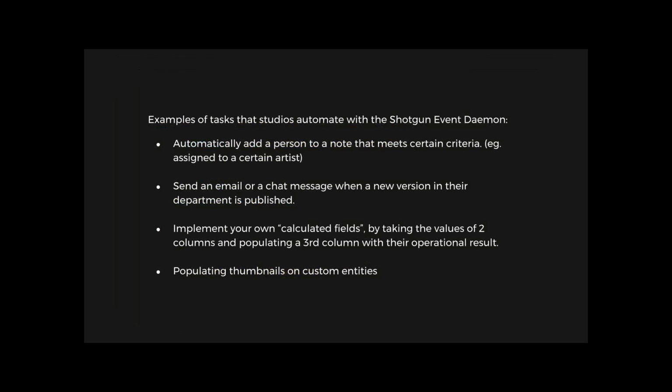Let's say your animation artist gets assigned a note from the visual effects supervisor, and the coordinator that sits in between them wants to know everything that this artist gets a note for. So we could auto assign or auto CC that production manager every time this artist gets a note with their name in it.